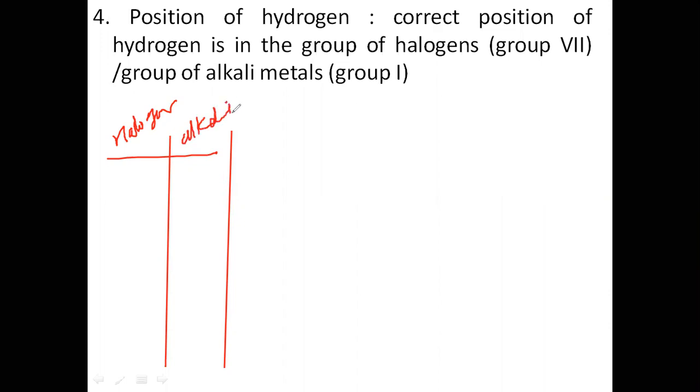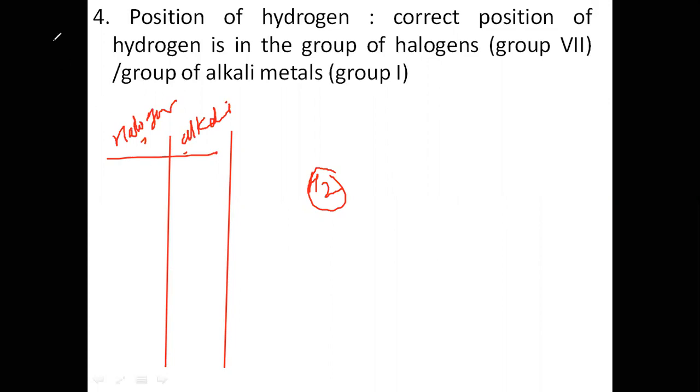Now the question is, if hydrogen resembles the properties of both halogens and alkali metals, where can we put hydrogen? We can't put it in the first group, the halogen group, and we can't put it in the second group. So the correct position of hydrogen we can't predict, or we can't give a fixed position for hydrogen.